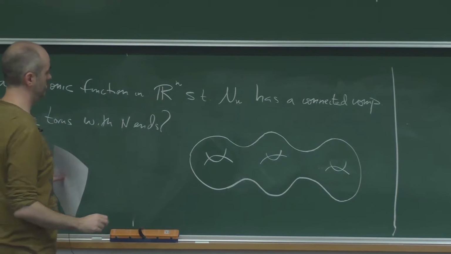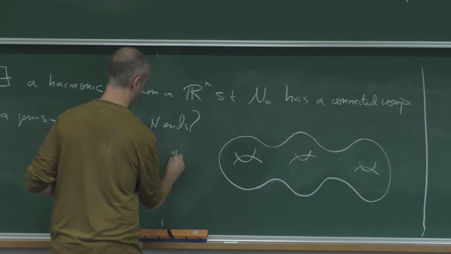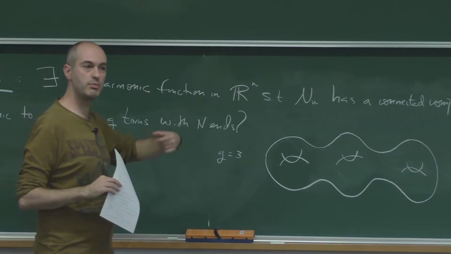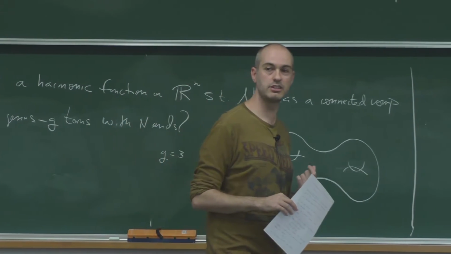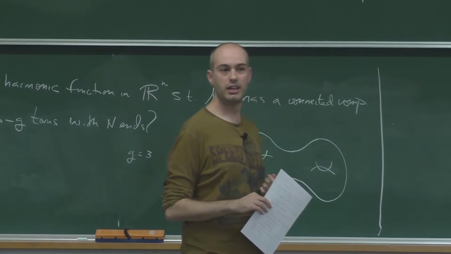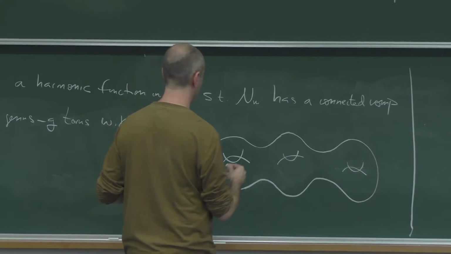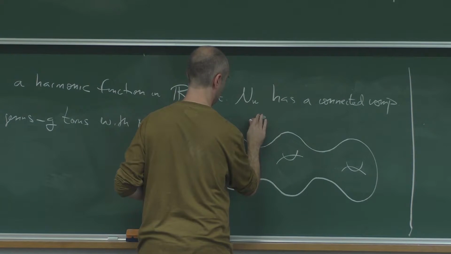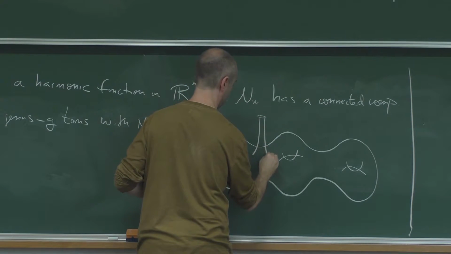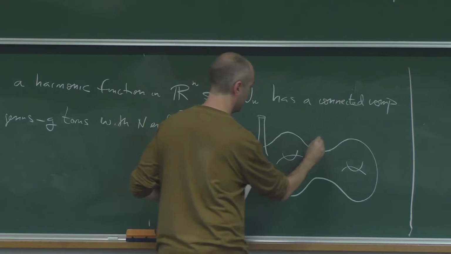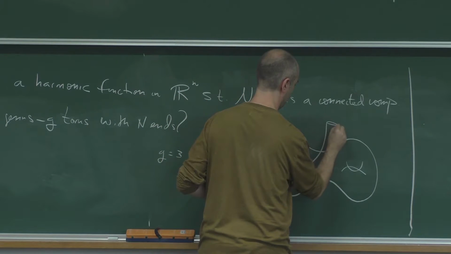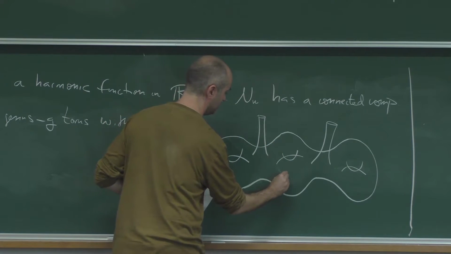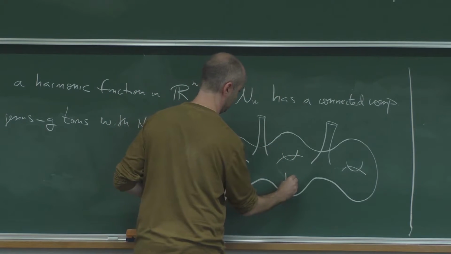Three handles. So genus 3 in this case, and this is the number of cylinders that you attach to your surface. So let's say, for example, something like this, and put a third one here.